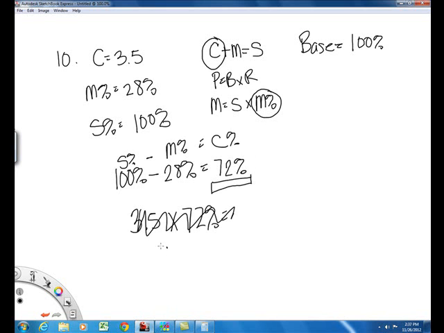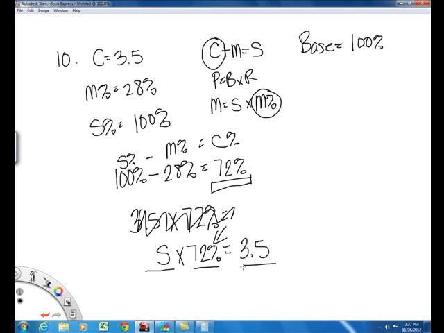If it sells for a certain amount and I only have to pay 72% of that, and that amount equals $3.50, then I can solve to see how much the selling price is. Now let me try and say that again a little more clearly. My selling price, because that's what it's based on, times my cost percent will equal my cost.